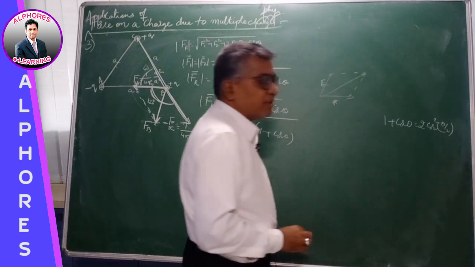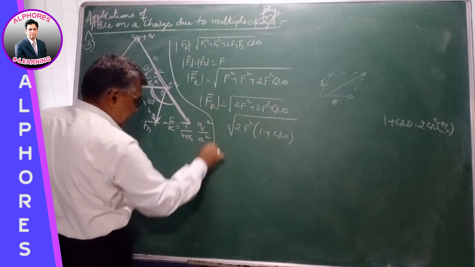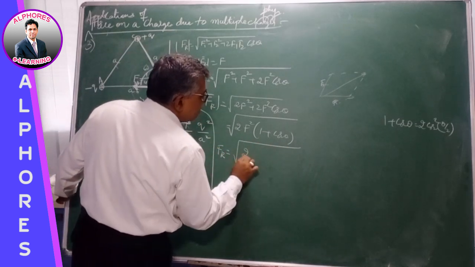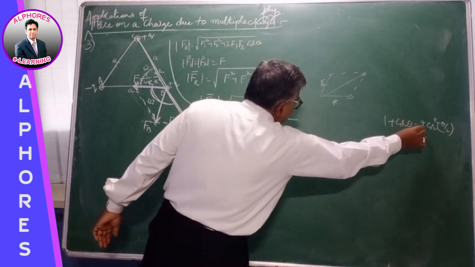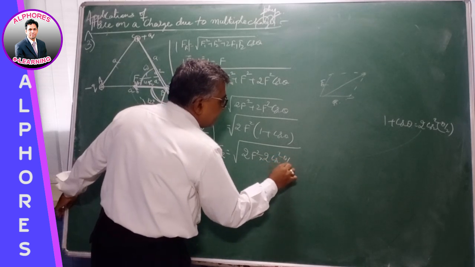Now this is a trigonometric application, you have to remember such applications. So therefore, the resultant force is given as the square root of 2F square, substituting 1 plus cos theta here, it's 2 cos square theta by 2.